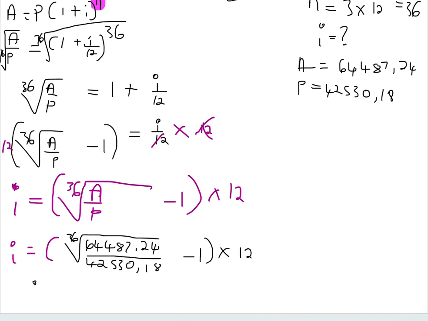So at the end, the annual interest rate, let's calculate it to see how much it will be. So this is the 36th root. I'm just going to punch this all on the calculator. Okay.